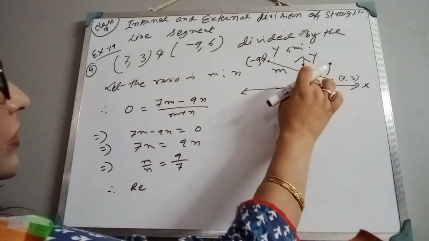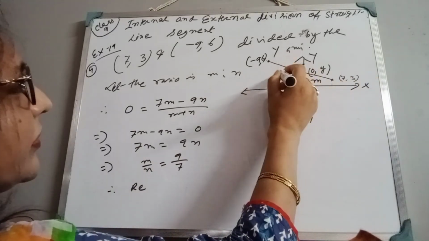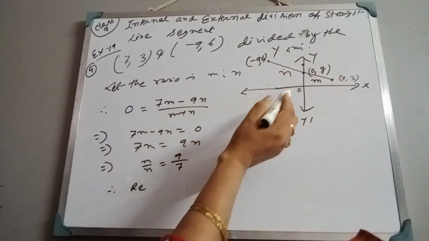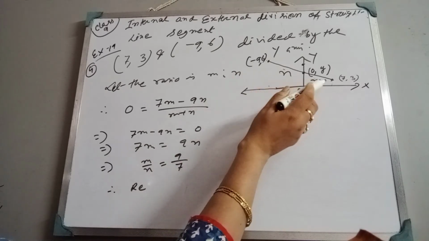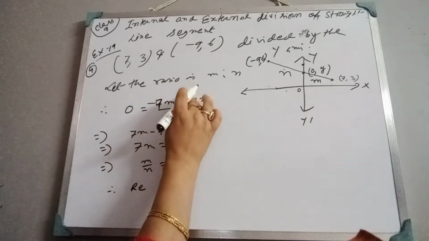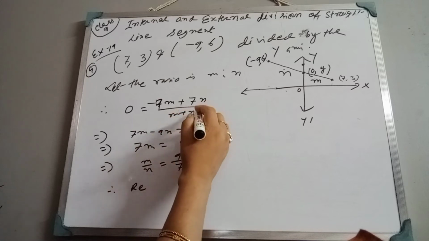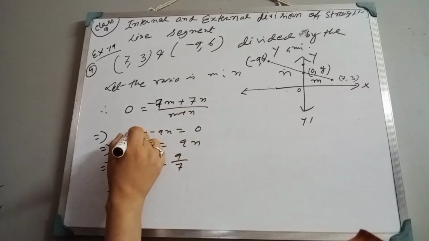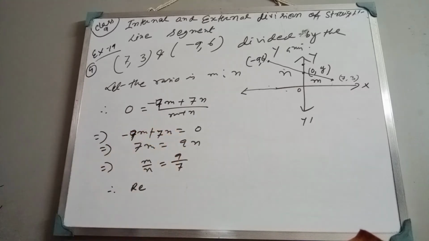If we take this part as m and this part as n, we can also write minus 9m plus 7n by m plus n equal to 0. So minus 9m plus 7n is equal to 0.